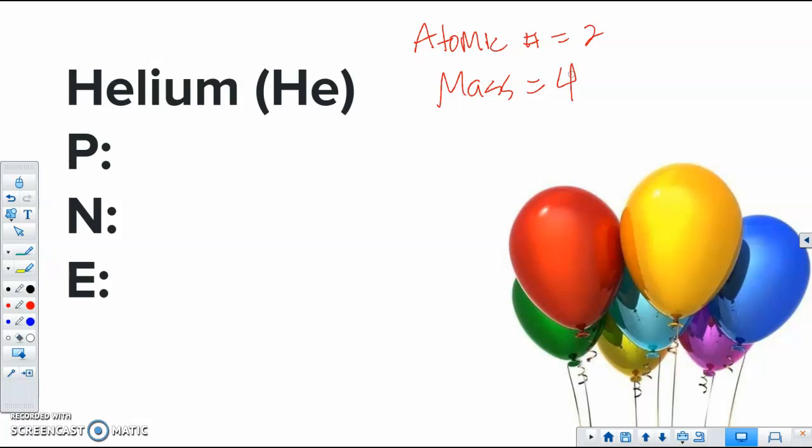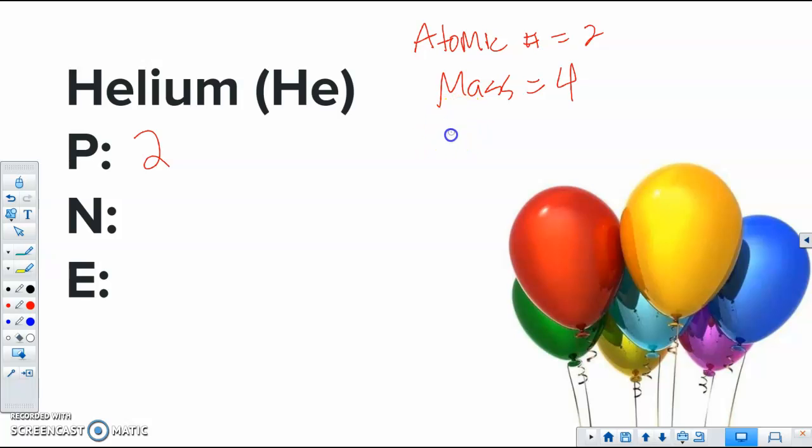Now going back to what we learned in this video, we know that the atomic number is always equal to the number of protons. So right away, we can say that helium, no matter what kind of isotope it is, has 2 protons. The neutrons are the tricky one, and in this case, we know the mass, and we know how many protons it has, so we're going to work backwards.